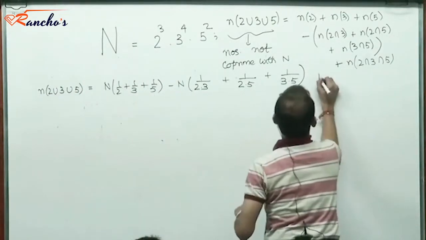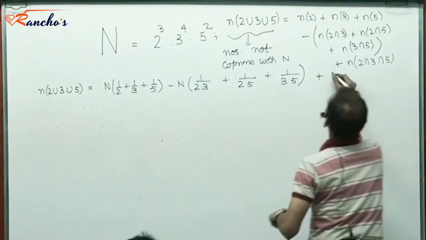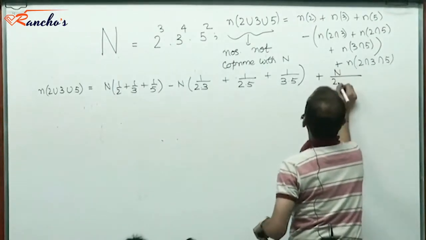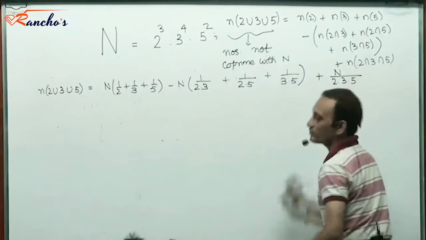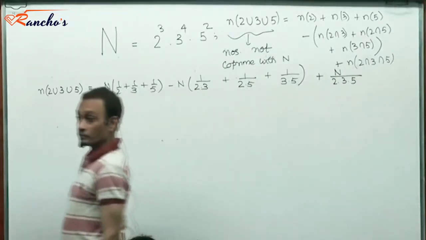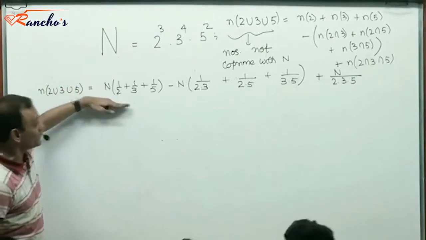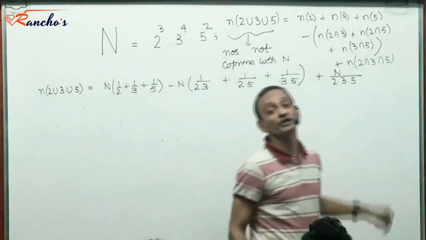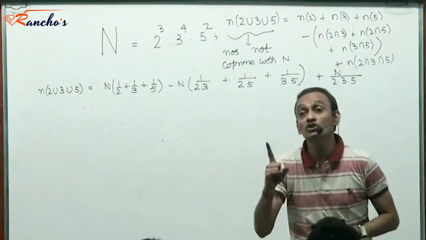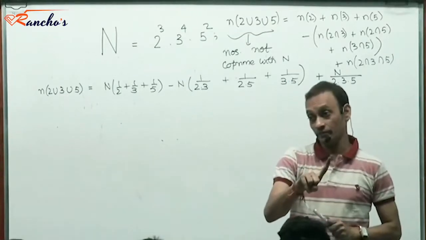And then the third set of numbers is going to be capital N by 2 into 3 into 5. So if you plug in the value of capital N and make this calculation, it gives you the number of numbers that are not co-prime with n.